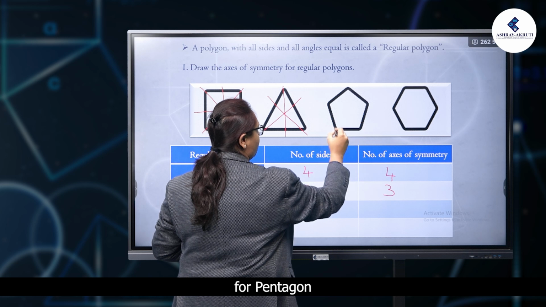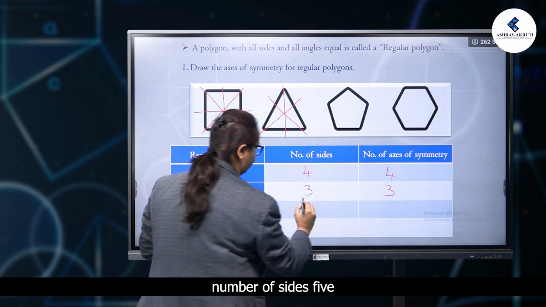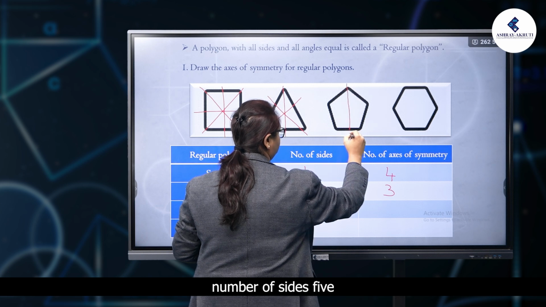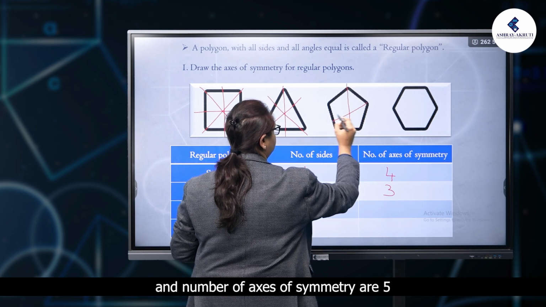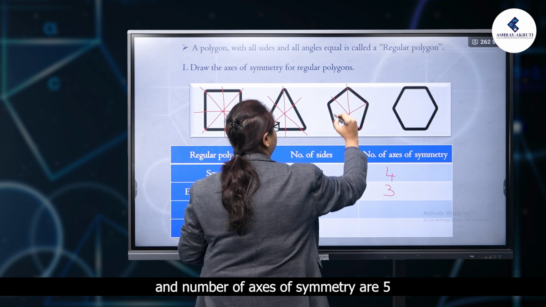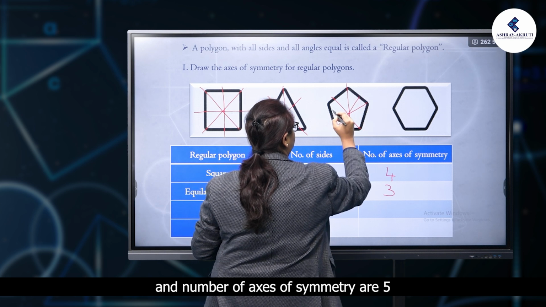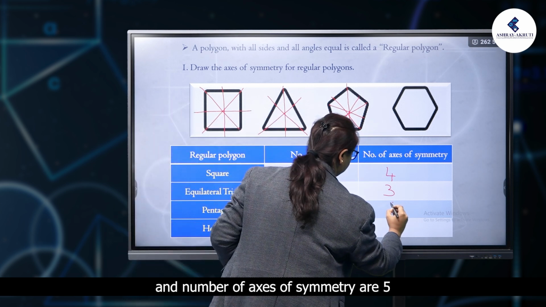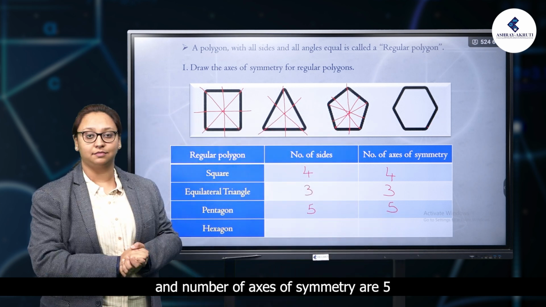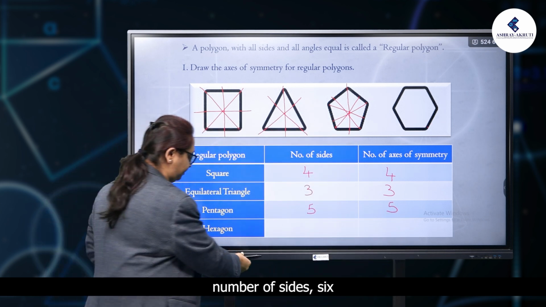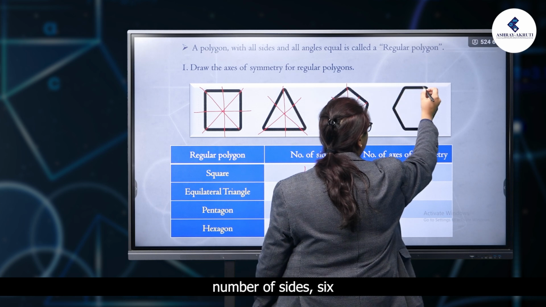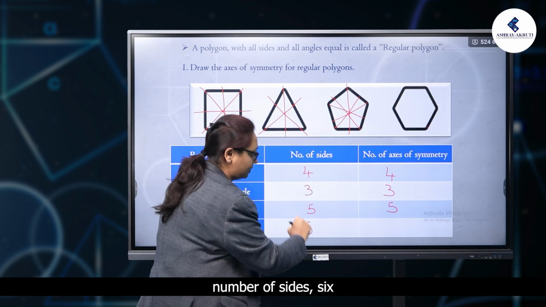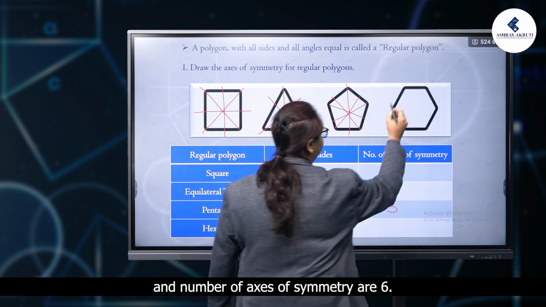For pentagon, number of sides 5 and number of axes of symmetry is 5. For hexagon, number of sides 6 and number of axes of symmetry is 6.